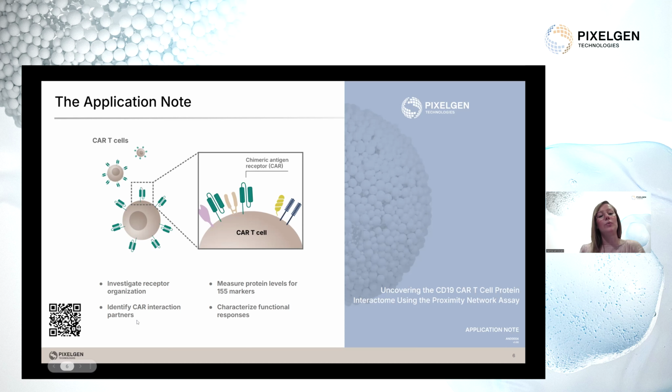So what other proteins does the CD19 CAR receptor co-localize to? Of course, we measure protein abundance in these CAR T cells, and we also do this during stimulation, as you will see, so we can look at differential protein abundance. And finally, we're also looking at how you can use this technology to look at functional responses in these cells.